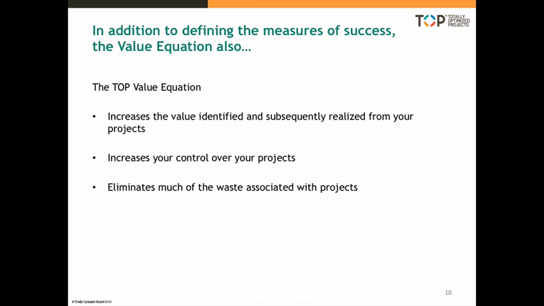And it eliminates much of the waste associated with projects. A lot of waste is driven by lack of clarity, lack of specificity, vagueness, ambiguity, constant changing. And the value equation brings clarity, specificity, and measurability to the whole measures of success at both the project and the business levels.